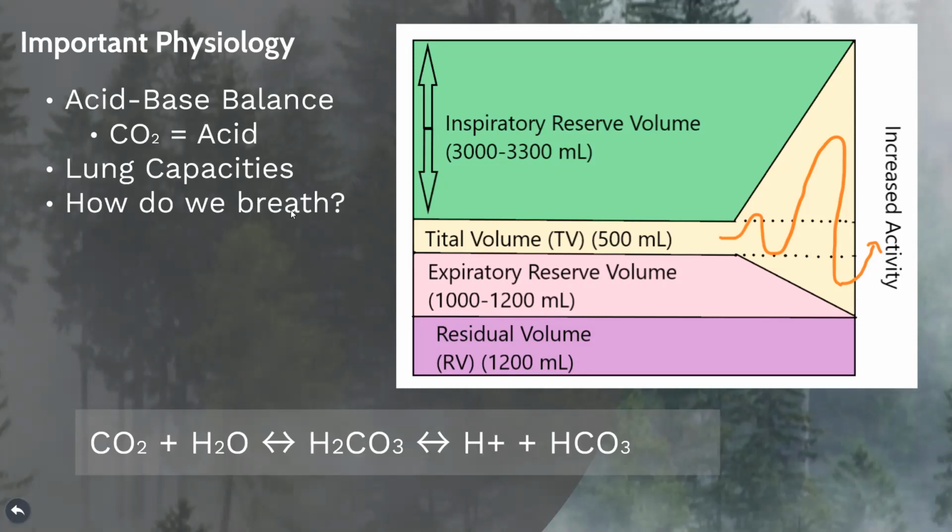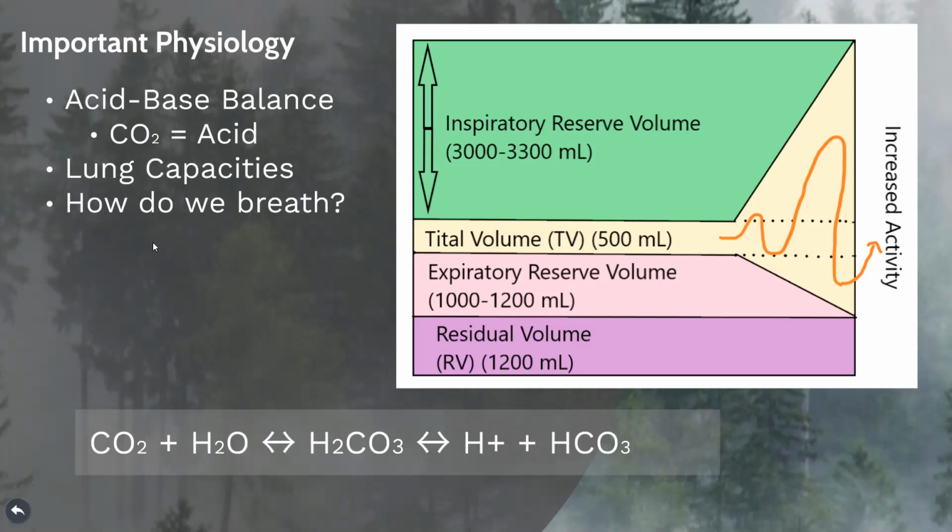We already talked about how we breathe in that last slide, but just so we understand, the diaphragm is typically all we use. It's that muscle right underneath your rib cage. And when you contract it, it moves down and it pulls everything down, it opens up the thoracic cavity, and makes those lungs expand, increasing the volume.